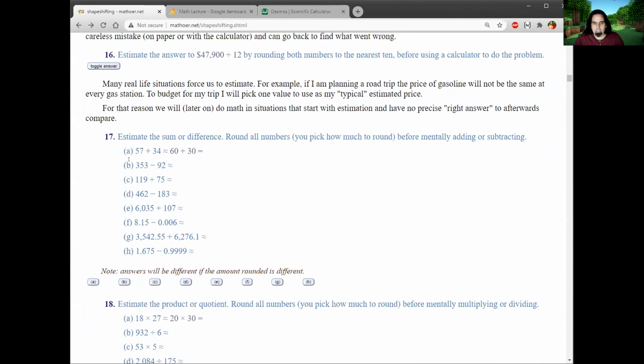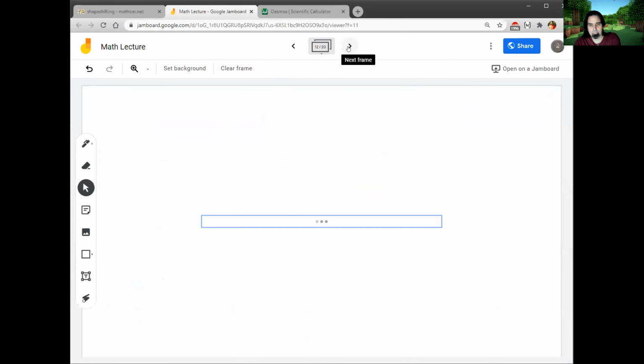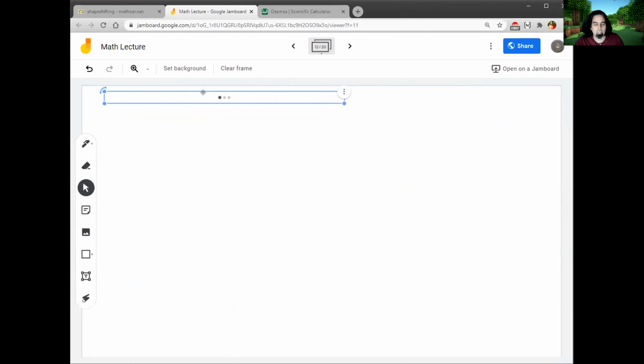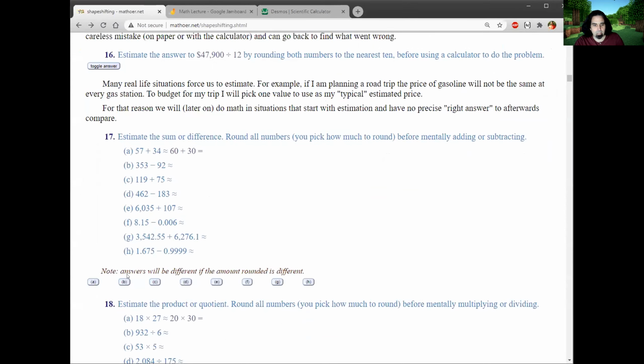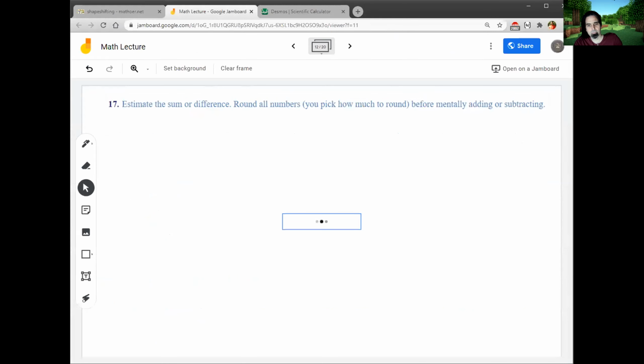So should we do an estimating with addition? Yeah, I think we should. Now these problems, when you click on the answer key below them, it will say, note, answers will be different if how much you round is different. So I'm going to pick E just to be a little more interesting.